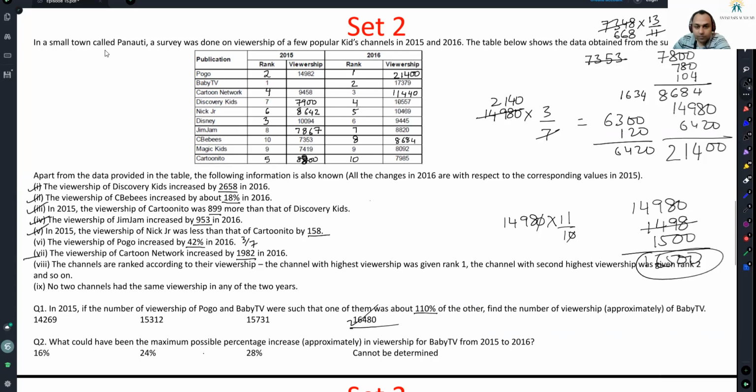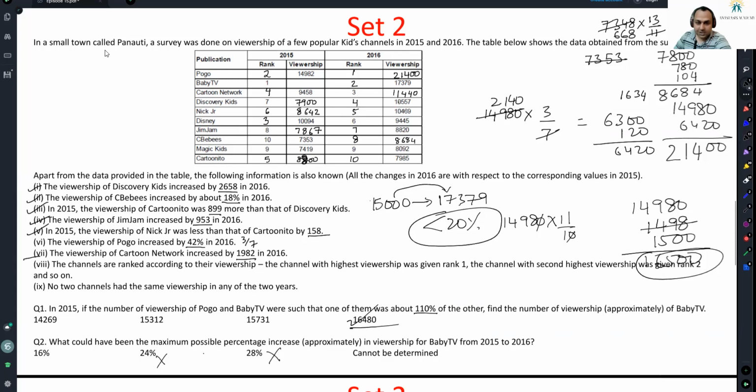I'm going 15,000 to 17379. So this change is less than 20%. Change is roughly less than 20%. I know for certain, which rules out these two possibilities.